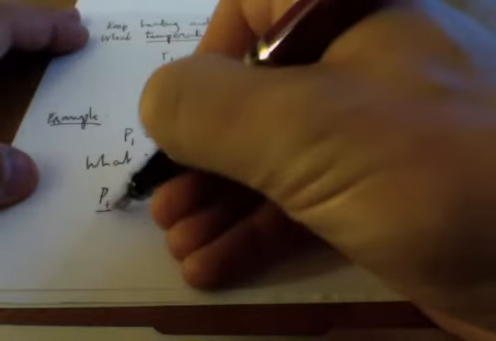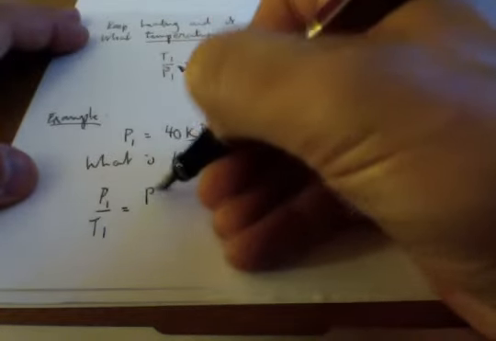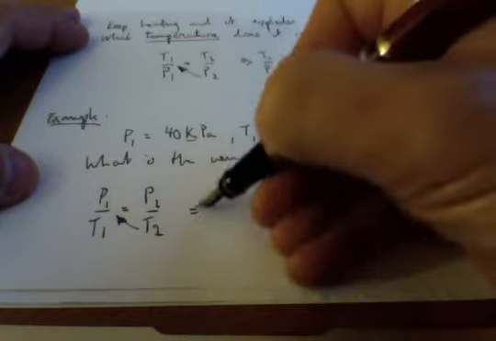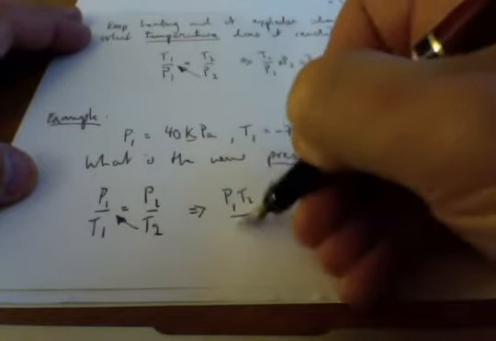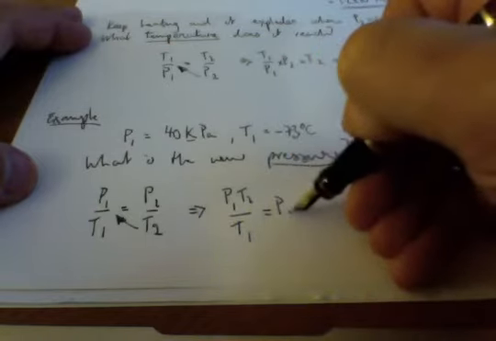Okay, so I'm looking for the new pressure, so I'm going to keep P's on the top. I'm looking for the new pressure, P2, so I need to get rid of the T1. Okay, then so P1, T2, T1, and then substituting the values. Now, so long as you keep the K in there, I don't advise this for all equations, but so long as you keep the K in there, you know the answer will come out as kilo.